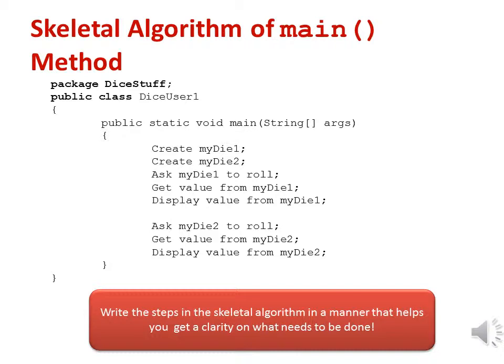Here, the tasks to be performed are: create MyDie1, create MyDie2, ask MyDie1 to roll, get value from MyDie1, display value from MyDie1. The same sequence repeats for the object MyDie2.